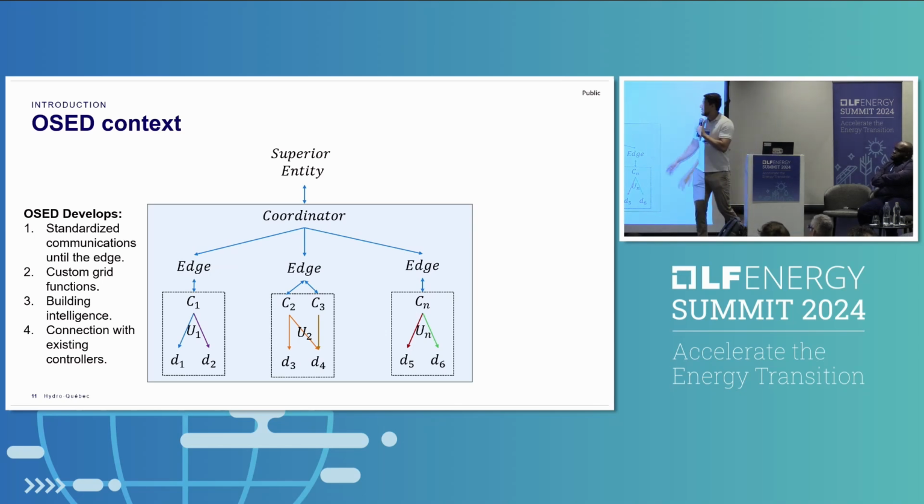So you can have standardized communications in the edge, just until the edge. You can deploy custom grid functions. So this morning we were discussing that internet protocols are very widely used, and everyone agrees on that. And utilities somehow think that their problems are unique and that everyone needs to build their own solution.